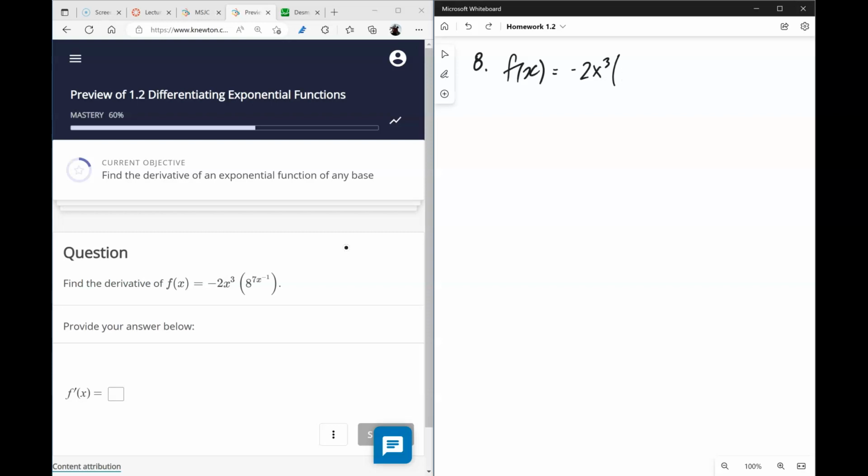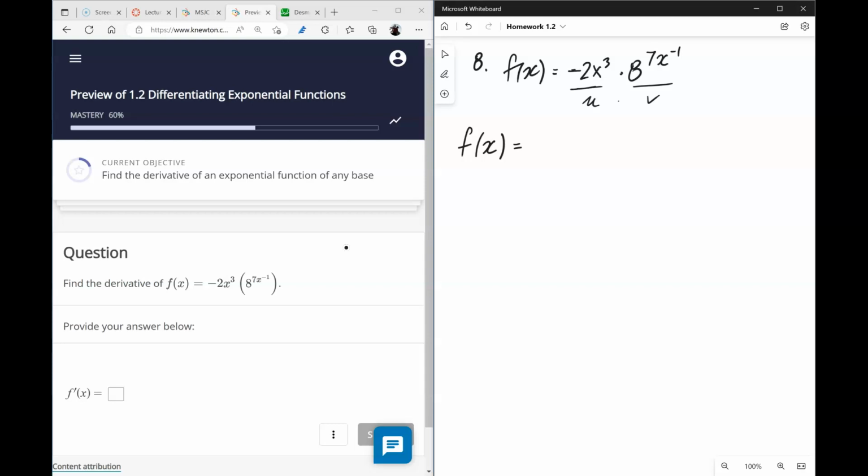This parenthesis is not necessary because there's no ambiguity there, so I'm just going to remove it. Here we have a product rule. And I'm not going to write it out because you've seen it before. I'm just going to apply the product rule.